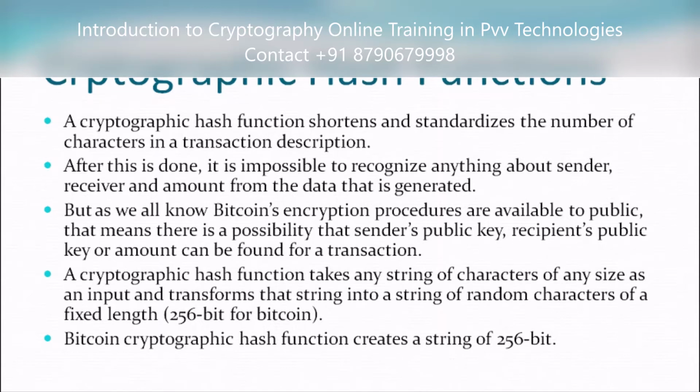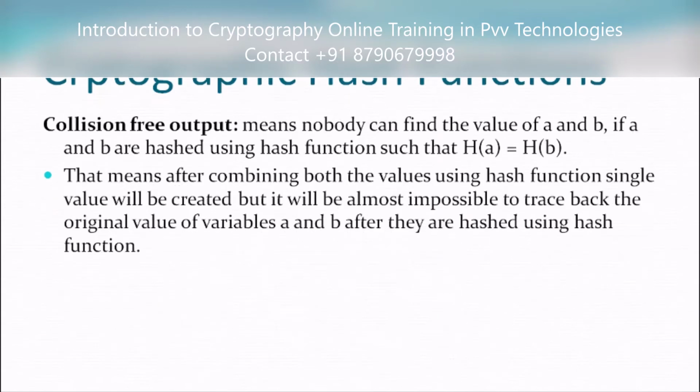Bitcoin cryptographic hash functions create a string of 256 bit. Now we know what the hash function does. Now let's understand a few properties of hash function in detail.